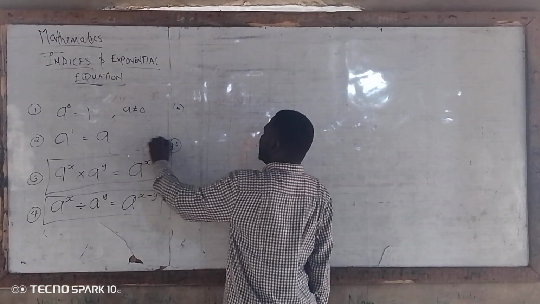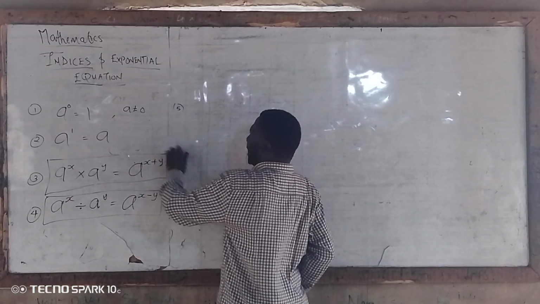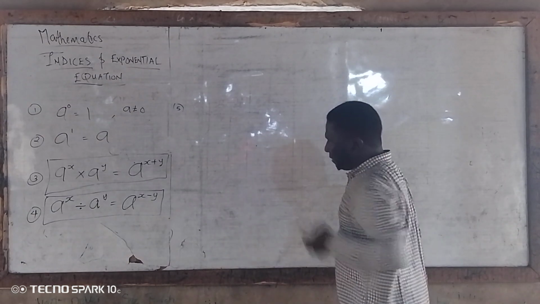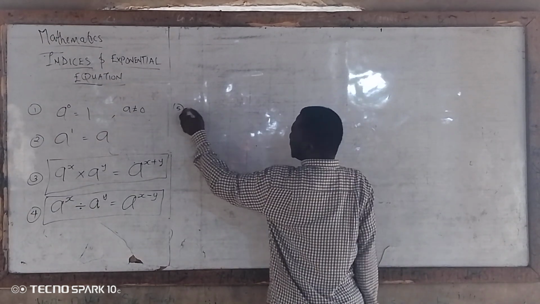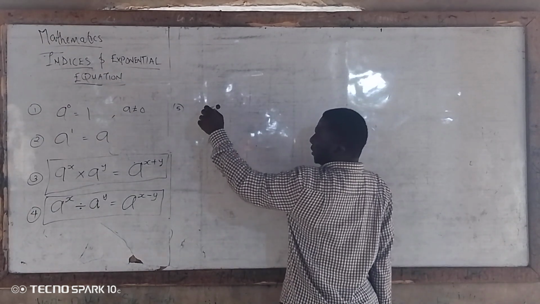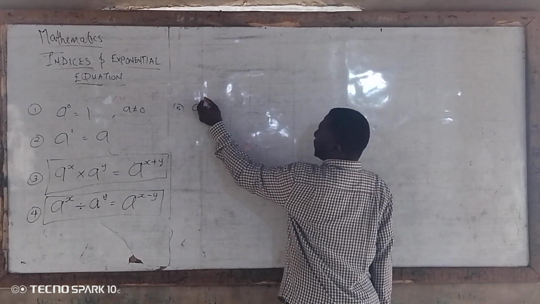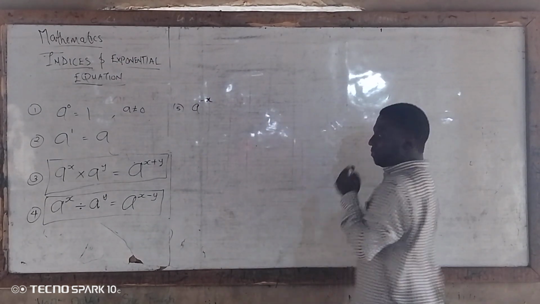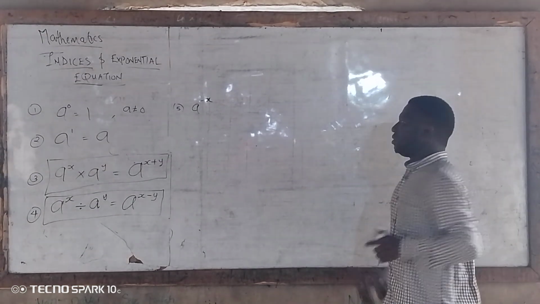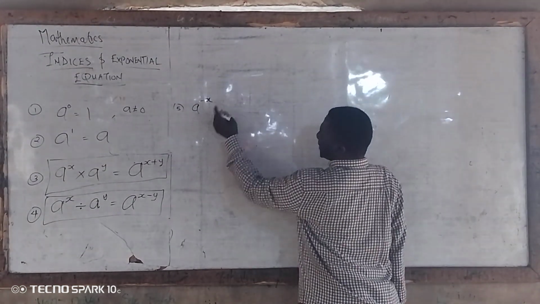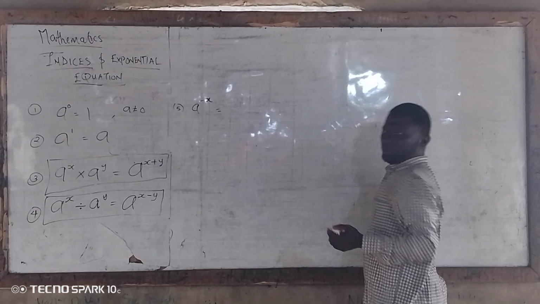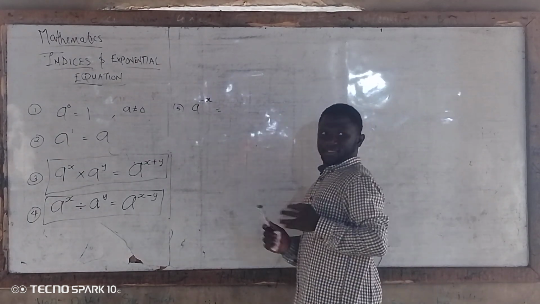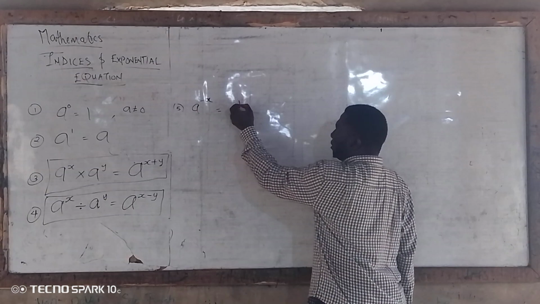So let's see another one. Another law says that if you have something like a to the power of negative x, this is the negative power rule. This is also easy to understand. This is what I tell people: you see this negative here, this minus, take it as 1 over.